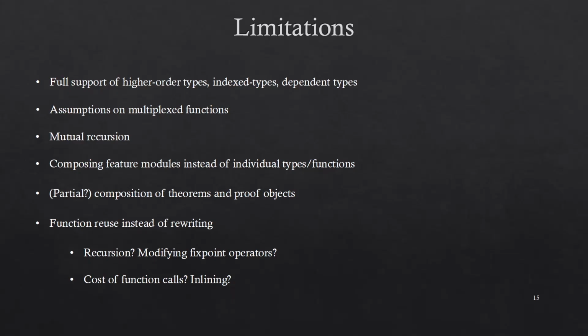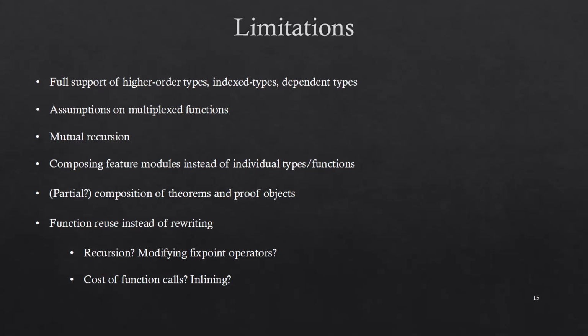Because Lean does not have a module system, ideally this kind of thing would be even more usable if we could compose modules right away instead of composing individual definitions. So maybe in a different language with a module system, we can do something like that.